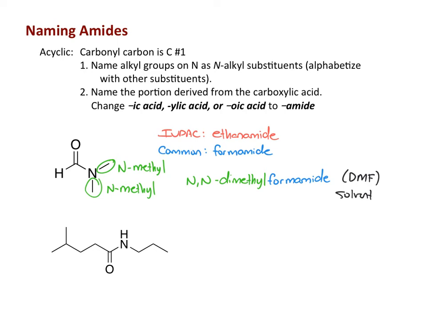Okay, in this second example, we have a propyl group on the nitrogen. We have N-propyl, and then here's our parent. On carbon 4, we have 4-methyl, and then the parent chain here, 5 carbons, let's just do IUPAC.